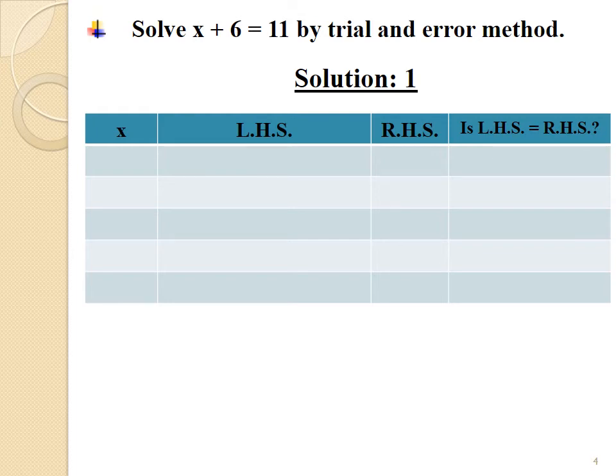Examples. Number 1. Solve x plus 6 equals 11 by trial and error method. Students, in this equation, x plus 6 is on the left hand side and 11 is given on the right hand side.